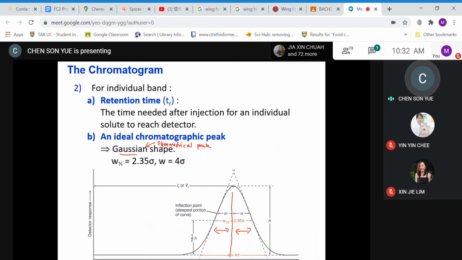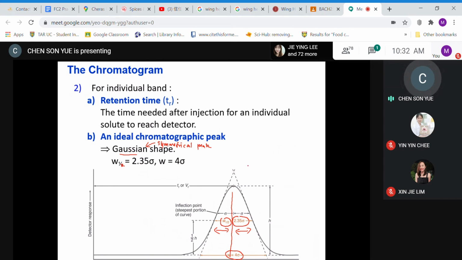Here, of course, they look at the middle of the peak, the middle height, which is equal to this. Based on the baseline at the bottom, it will be 4 times sigma. The middle will be 3.235 times the sigma.